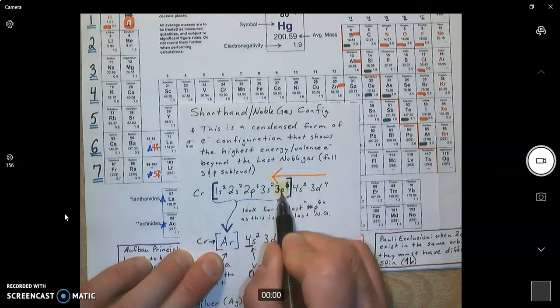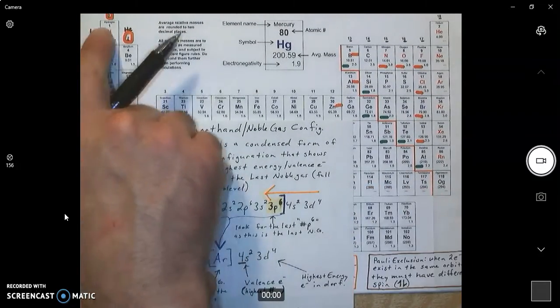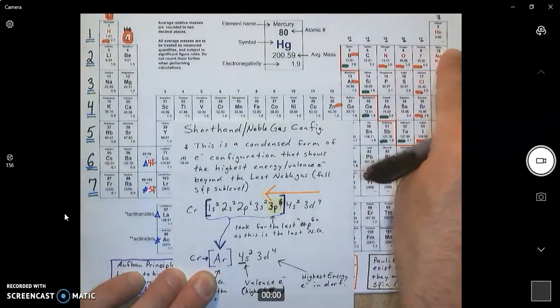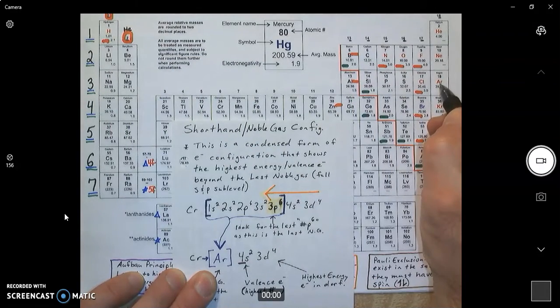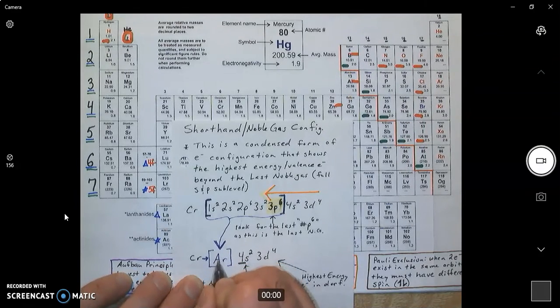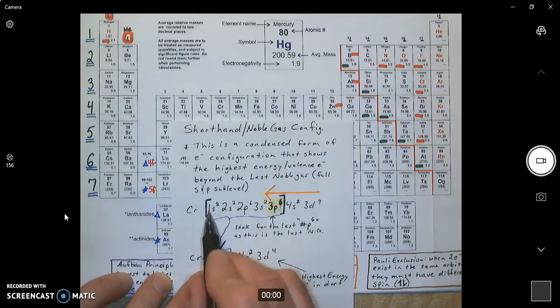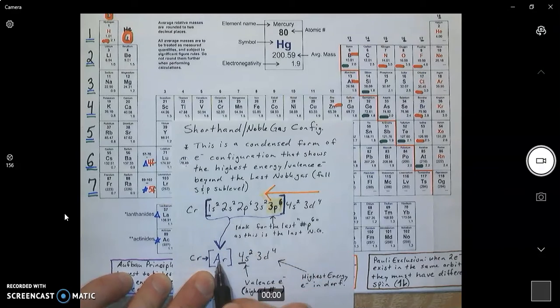So in the 3p6, if we go to the first energy level, second energy level, third energy level, 3p6 is argon. So we put argon in parentheses, and what that's saying is chromium is everything that argon is, 1s2, 2s2, 2p6, 3s2, 3p6, all that is argon.